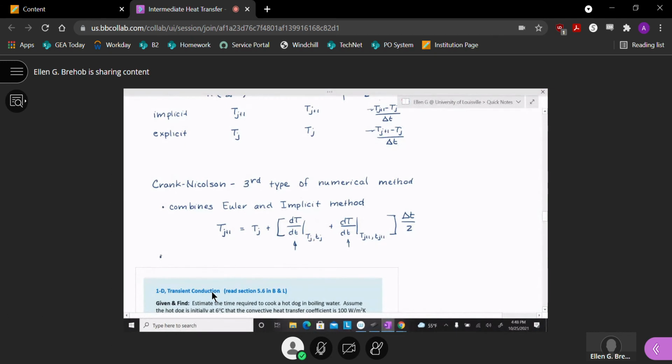That seems like a lot more work, but there is a bonus that this is also always stable. So I don't have to pick a certain delta t to keep the solution stable. I likely want to use a small delta t to get some accurate results.